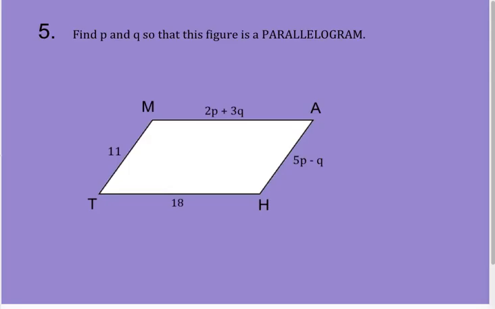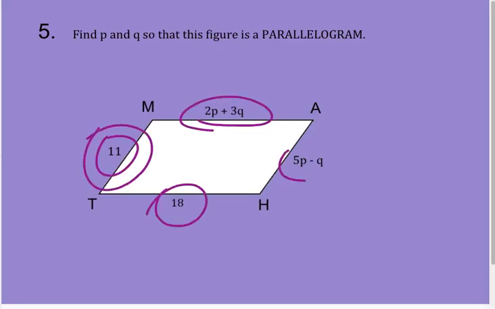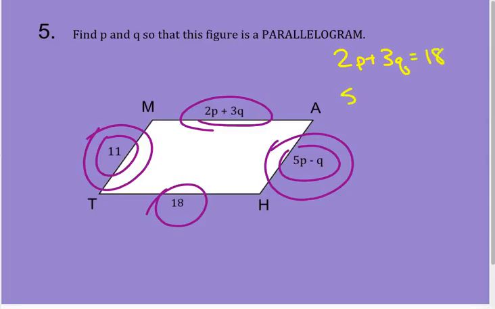So find P and Q such that this is a parallelogram. So in order to be a parallelogram, this has got to be equal to this, and this has got to be equal to this. So I get 2P plus 3Q equals 18, 5P minus Q equals 11. So now, since I've already got a plus and a minus here, I'm going to multiply this by 3.